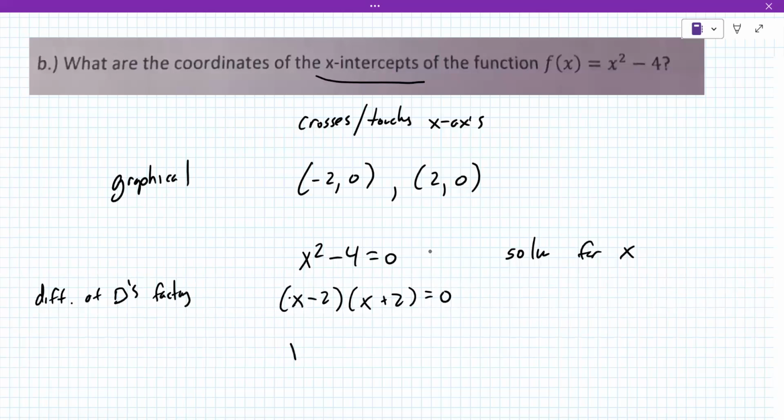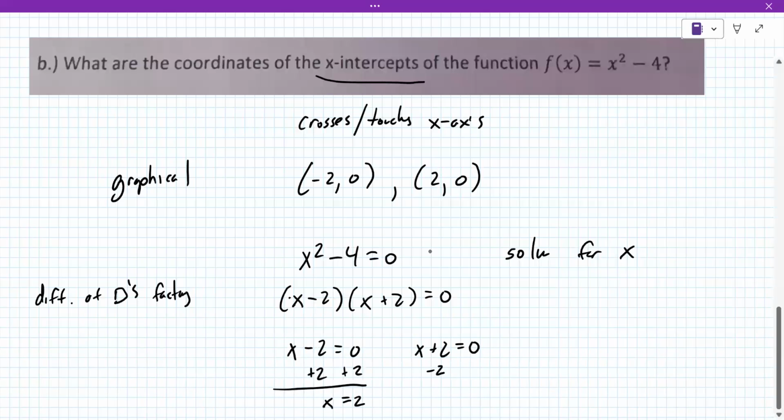So now you set each of them equal to 0, and then you can solve each of those. Now, when you solve the one on the left, you're adding 2 to both sides. And then the one on the right, x equals -2. And that's consistent with what we found graphically.